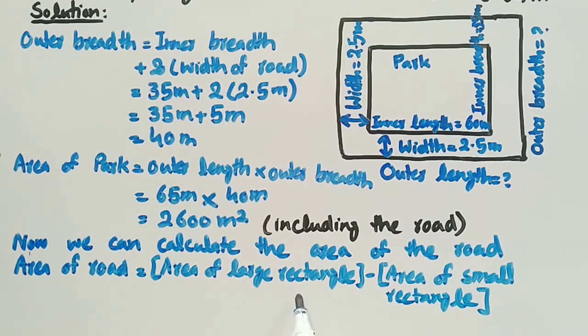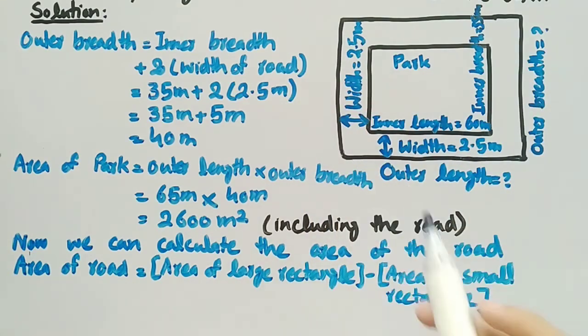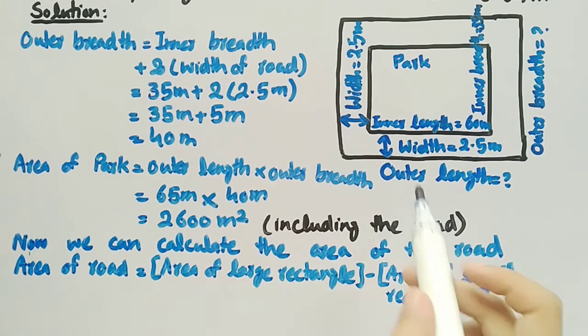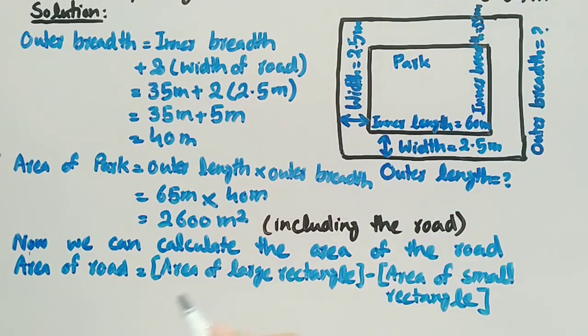Area of large rectangle means that area of park including the road, and area of small rectangle means that area of park excluding the road. So now we will put the values.